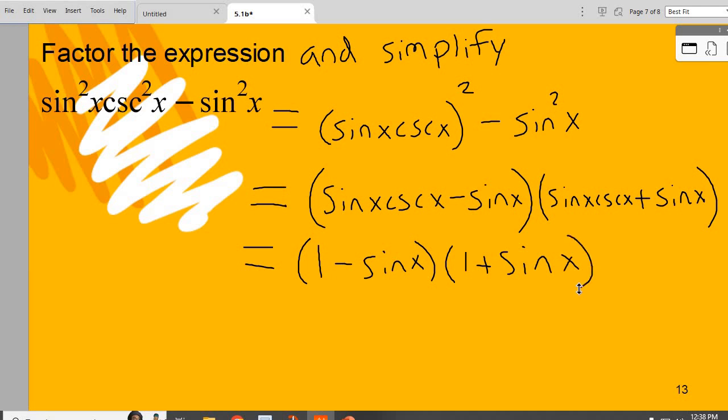Alright, okay with that? And then notice that if I were to go ahead and multiply this out, I would get 1. Notice that we're going to get a positive sine of x and a negative sine of x, so those are going to go away. So I get 1 minus sine squared of x. Now, what does that look pretty close to?